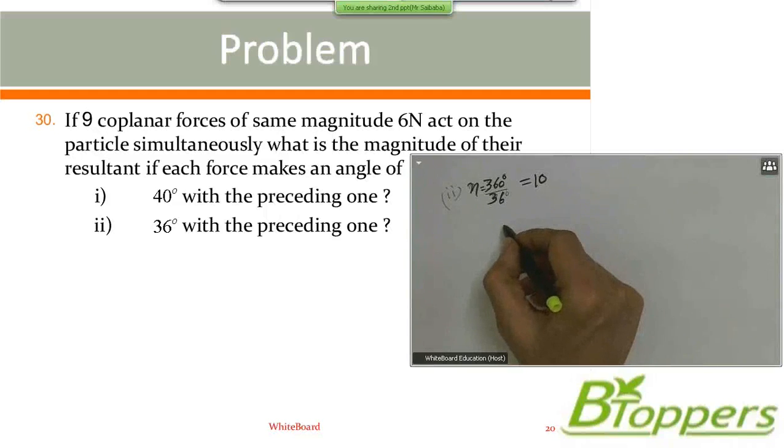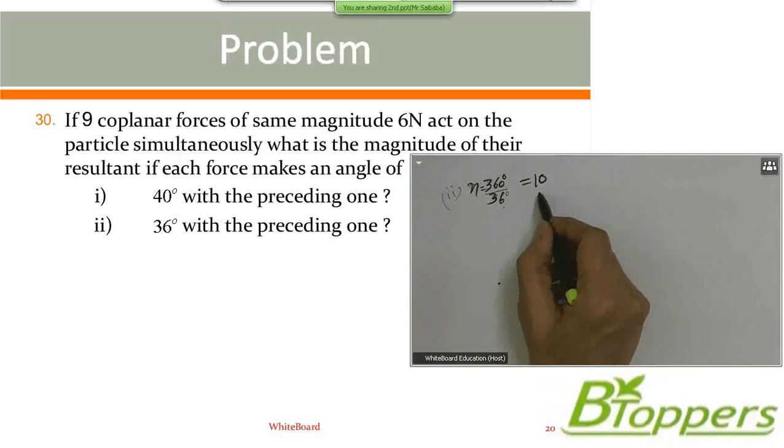So in the second part of the question, you are given that each force makes an angle of 36 degrees with the previous one. Therefore, the number of coplanar forces required for 0 resultant will be 360 degrees by 36, or 10.